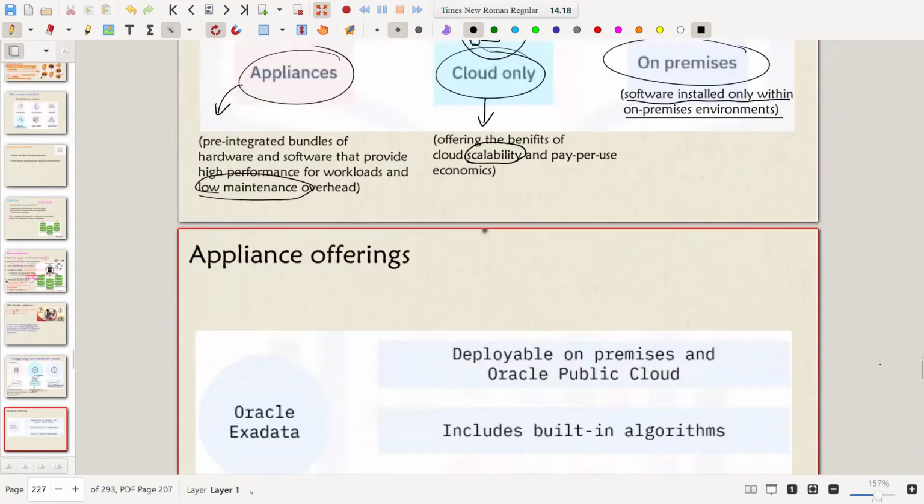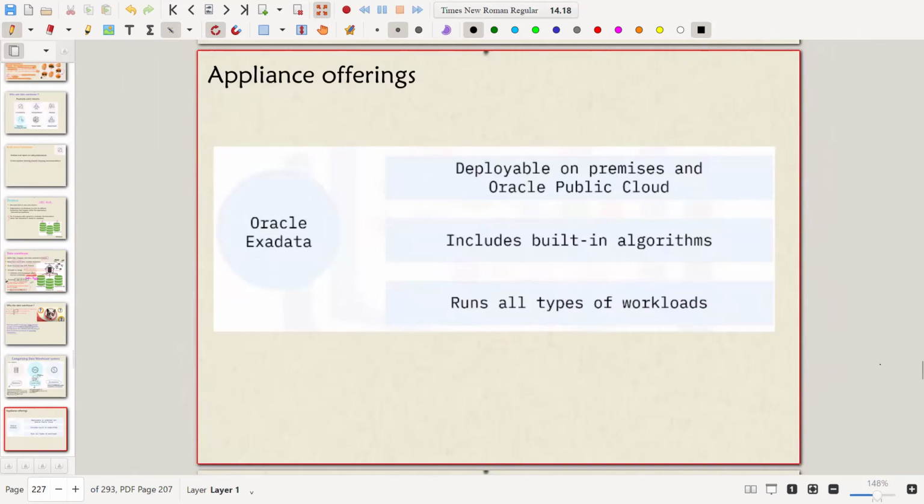Okay. So you can see Oracle. I hope everyone knows about Oracle, right? So Oracle Exadata is one of the data warehouses. Okay. So you can see it is deployable both on premises and also on cloud. So it is available both on premises in the organization as well as in cloud mode, right?